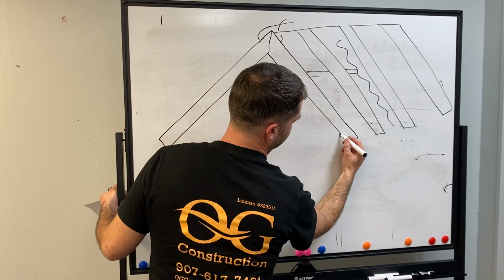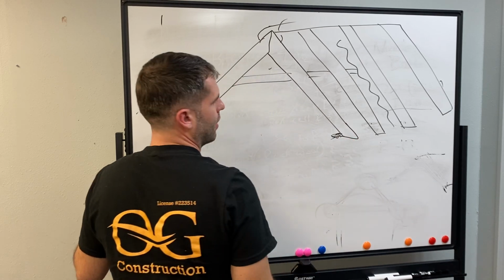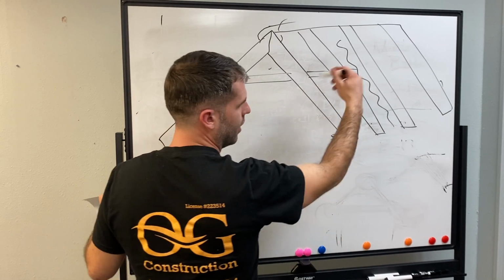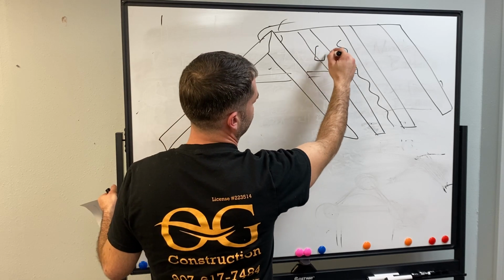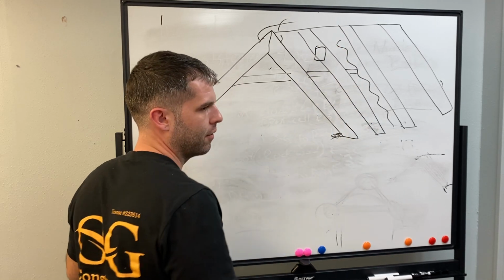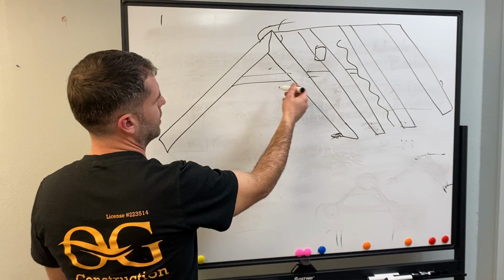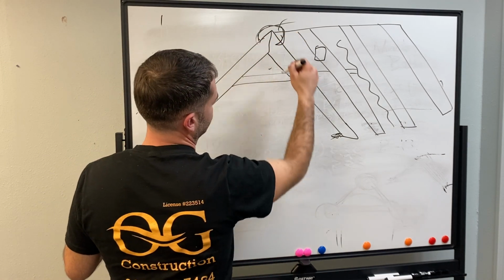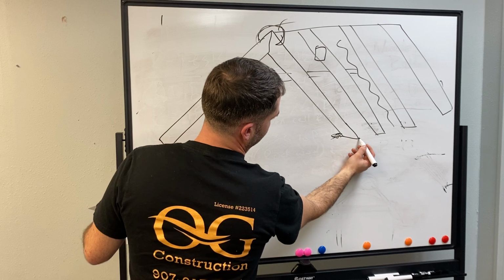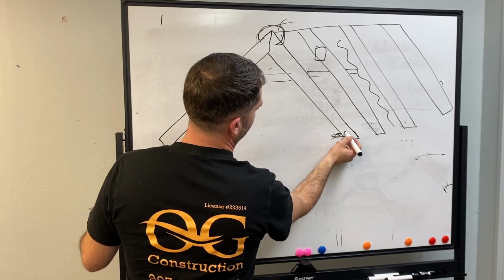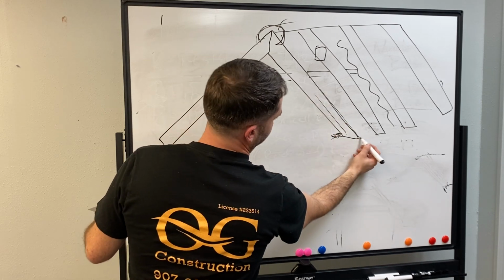You have to have a soffit vent right here. On a vaulted ceiling, it's almost useless to put the vents that go right on top of that roof because you're not going to get anything out of it, right? So it's recommended to put a ridge vent, but it's also very important to put the proper space between here.